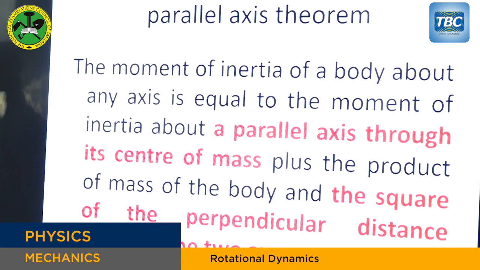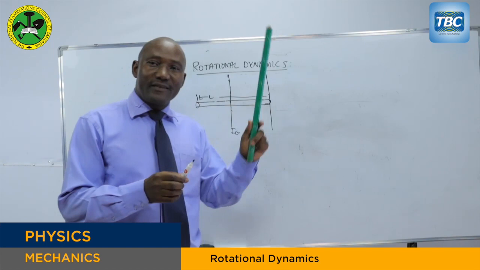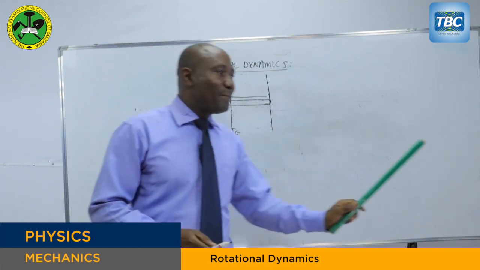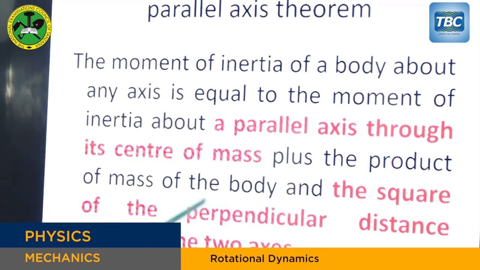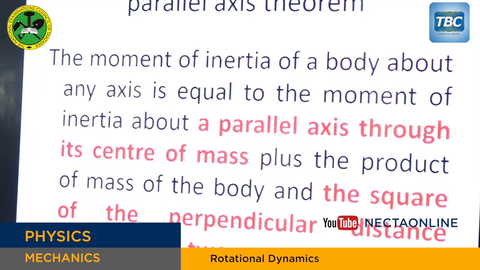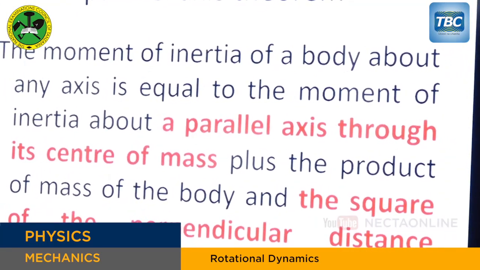So it says the moment of inertia about any axis must be equal to the moment of inertia about a parallel axis passing through the center. Yes, here, this is the parallel axis passing through the center. Plus the product of the mass of the body and the square of the perpendicular distance between the two.